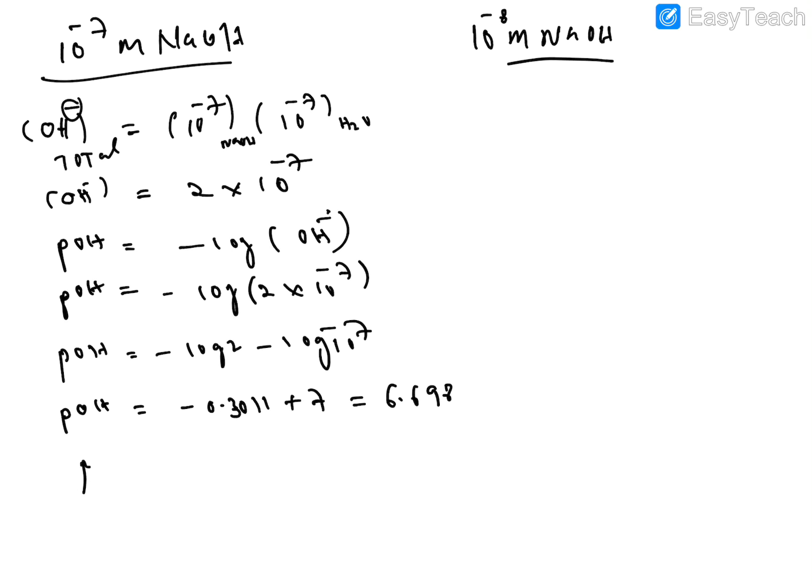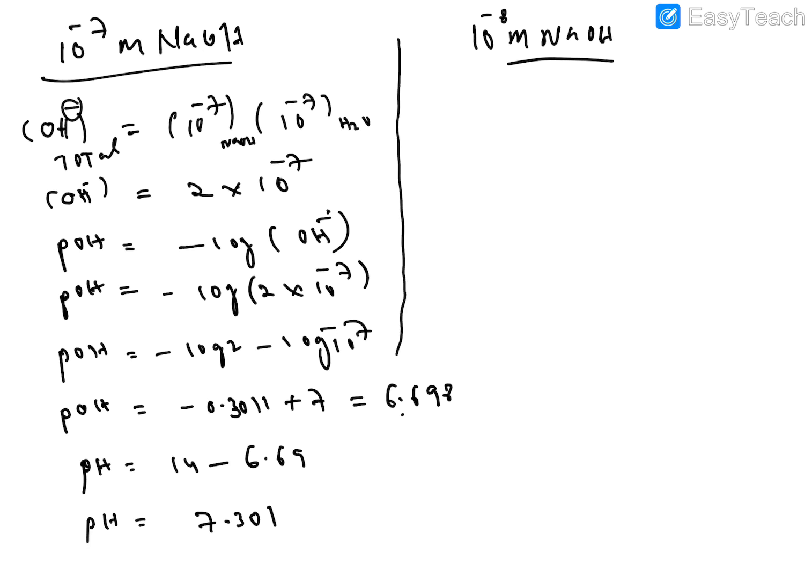Okay, so the pH is equal to 14 minus what we got here, pOH 6.69. We'll get the pH is equal to 7.301. So this is the pH of NaOH.